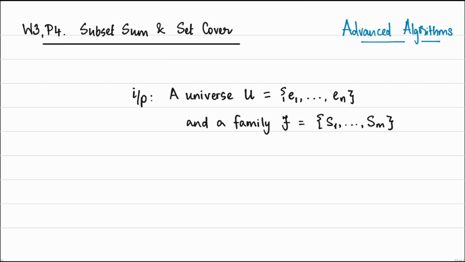It's a discrete set. And the family is essentially a collection of subsets of the universe U. Okay, so each Si here is some subset of U.